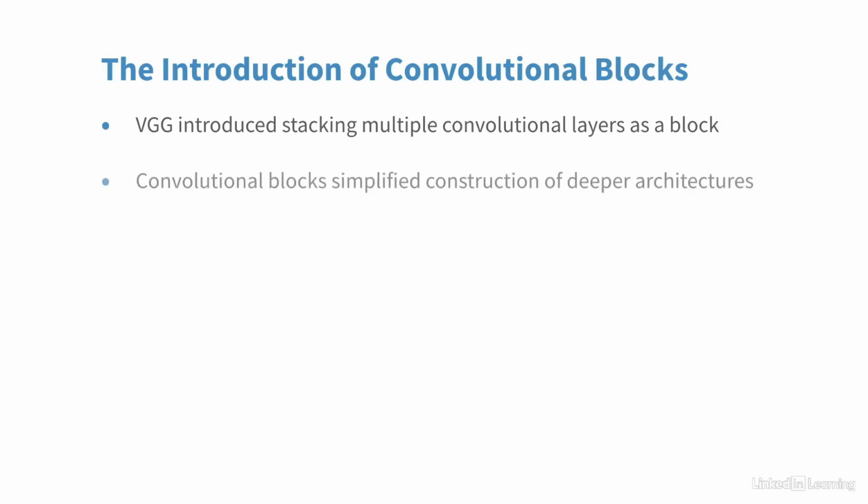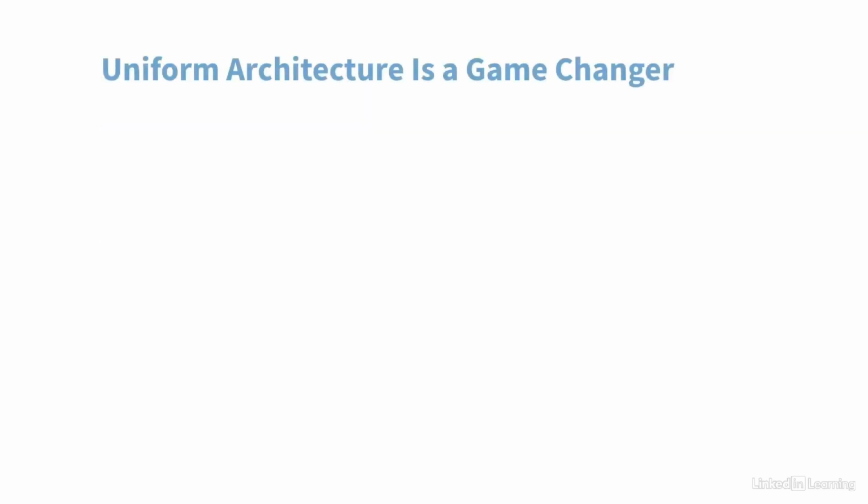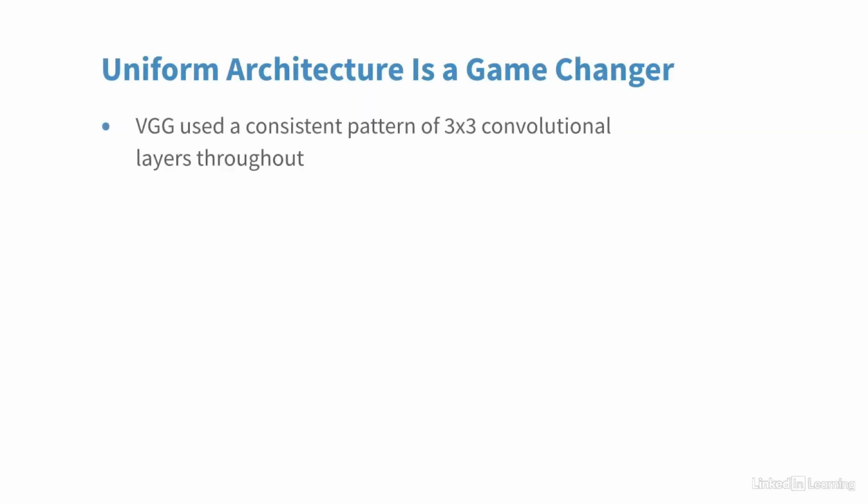VGG also introduced the concept of stacking multiple convolutional layers with the same filter size, which could be seen as a building block for constructing deeper architectures. These blocks made it easier to design networks of varying depths by simply repeating and stacking the blocks. VGG used a consistent pattern of convolutional layers with the same filter size, 3x3, throughout the entire network, followed by its pooling layers.